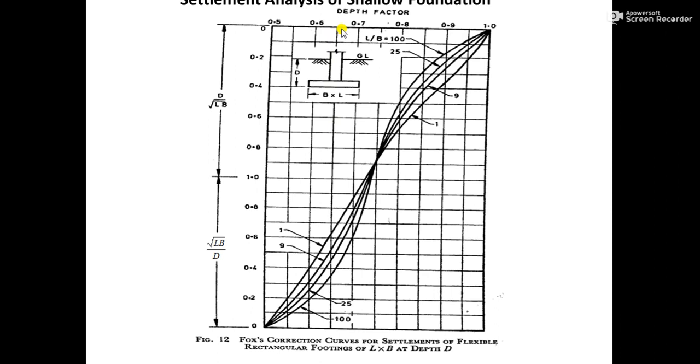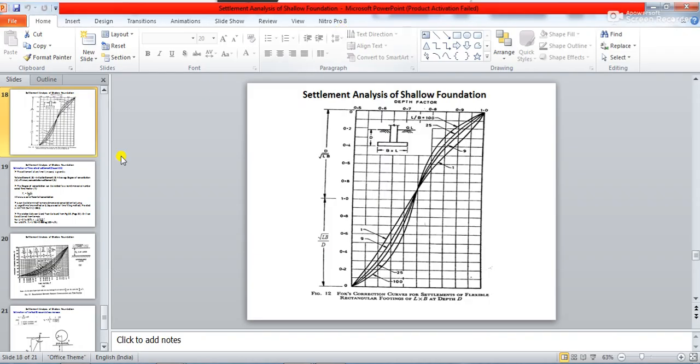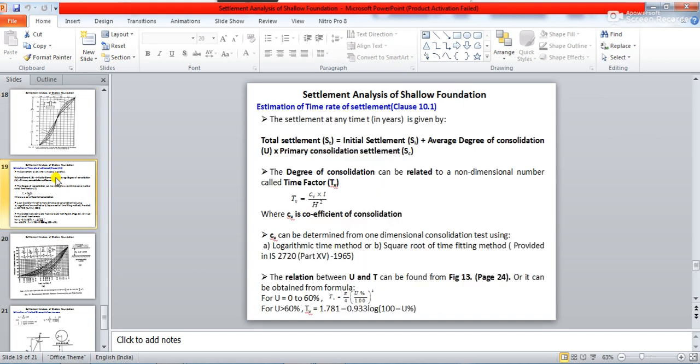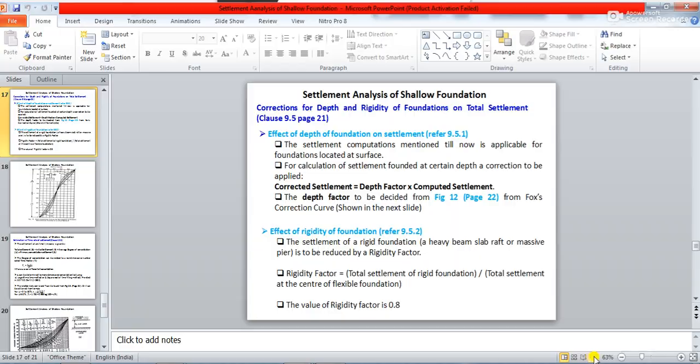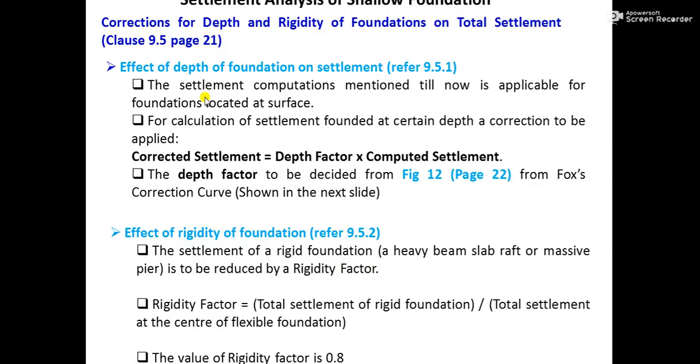Now considering this, you should go to the previous slide. As I explained there, the corrected settlement should be the depth factor multiplied by the computed settlement. What is this computed settlement? It is the settlement considering your footing as a flexible footing resting on the ground.